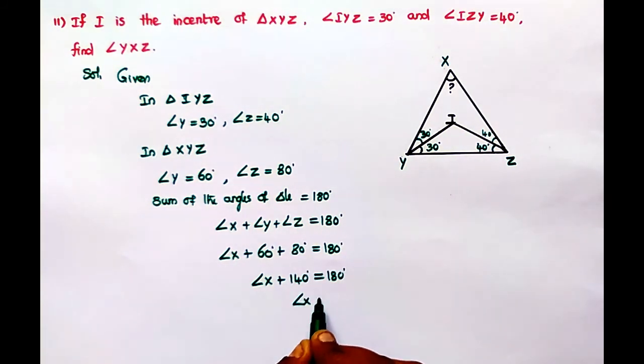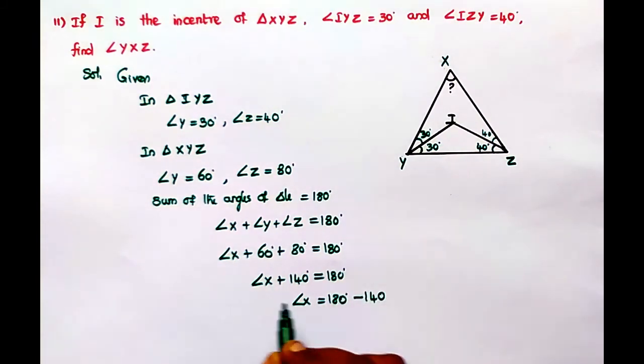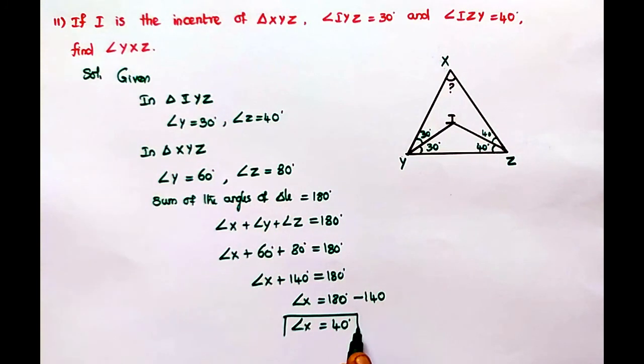So angle X equal to 180 degree minus 140 degree. Plus 140, bring this side means minus 140. So angle X equal to 40 degree. That is the answer. Therefore angle YXZ equal to 40 degree.